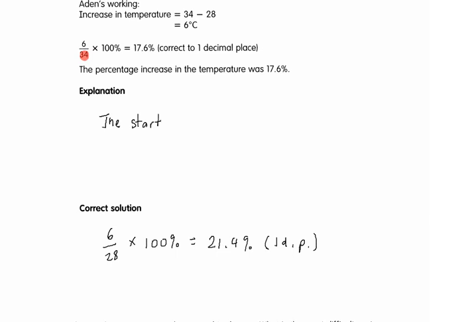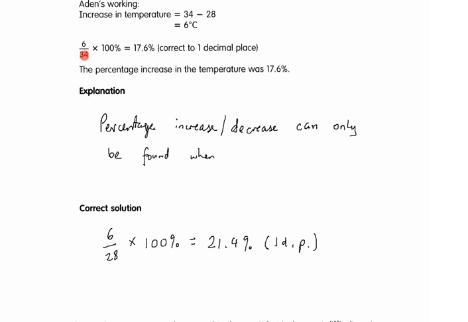Wait, please do not write this down first. I'm going to erase it. Write down: percentage increase or decrease can only be found when it is compared to the starting condition.